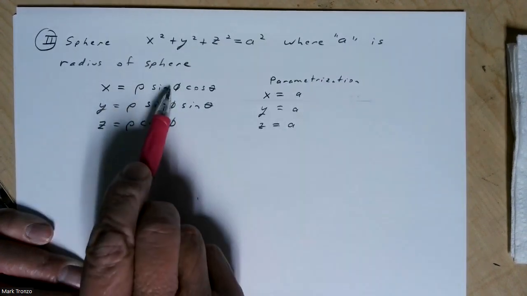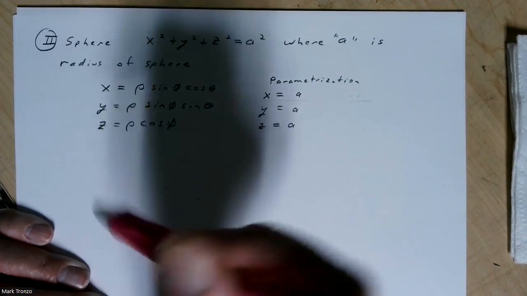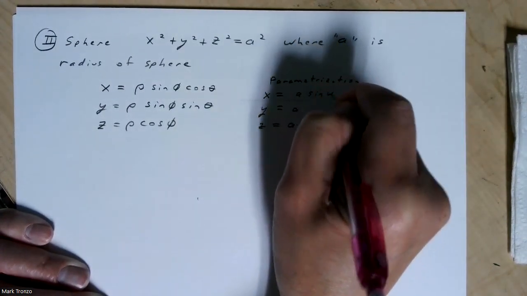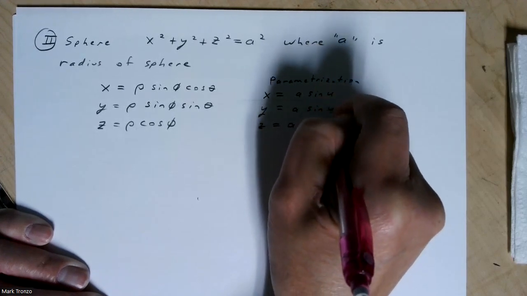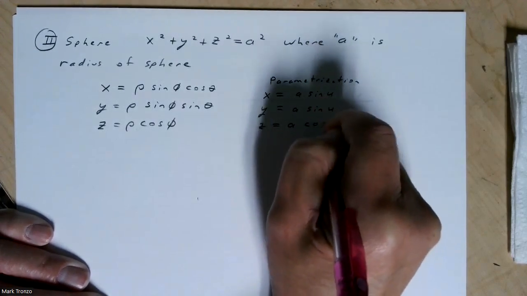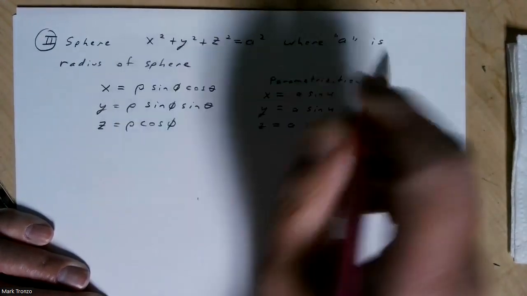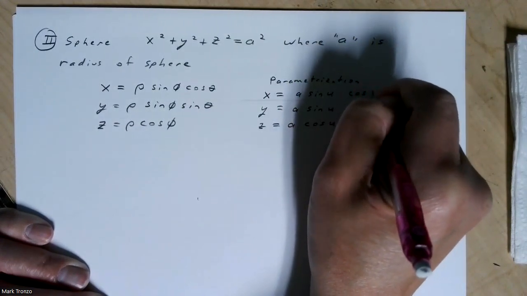And usually, maybe we'll call phi u, and we'll call theta v.